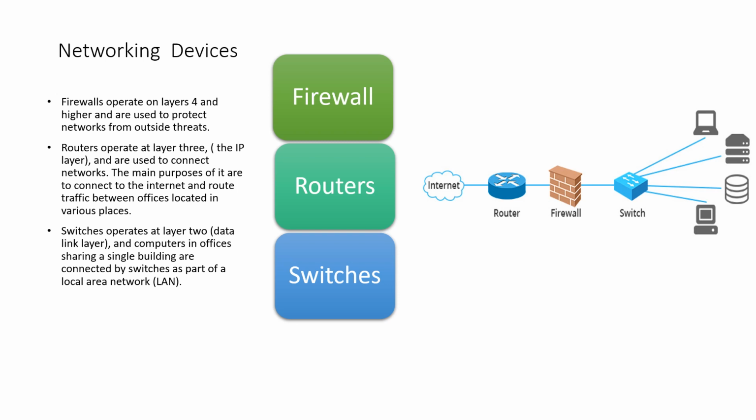Routers operate at layer 3, the IP layer, and are used to connect networks. Their main purpose is to connect to the internet and route traffic between offices located in various places. Switches operate at layer 2, the data link layer, and computers in offices sharing a single building are connected by switches as part of a local area network, also known as a LAN.